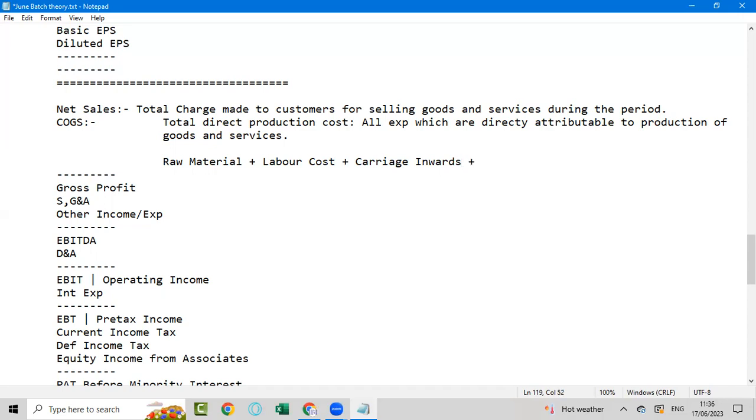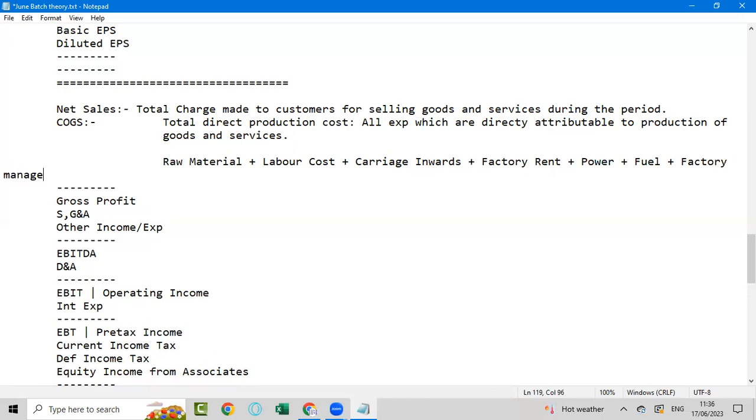Plus factory rent, power, fuel, factory manager salary, quality in-charge, guard salary.